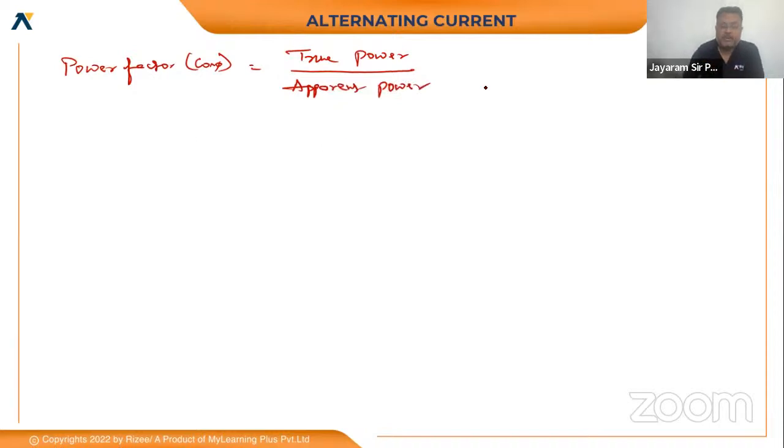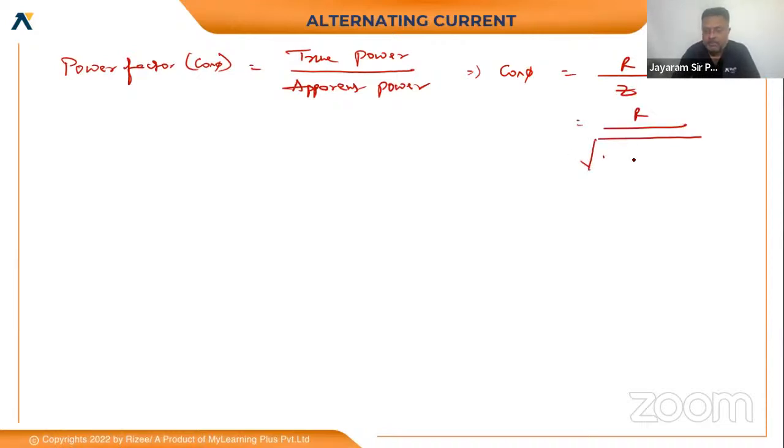So this is the condition. From the same relation, cos phi can be written as the adjacent side by Z, or this is R by Z, where Z is root over R square plus (XL minus XC) whole square. This is the situation.